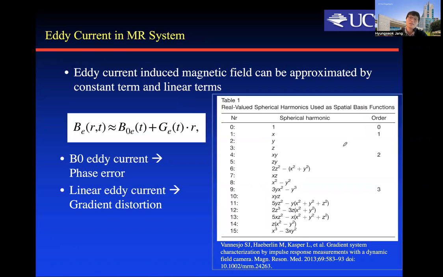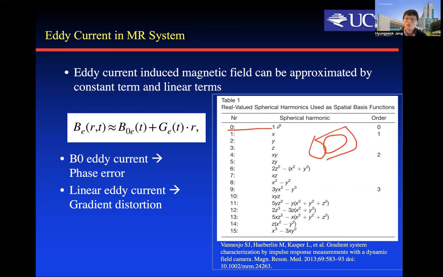Okay, in terms of space, if you have the MRI scanner like this, then eddy current can be generated in the imaging subject, and also in the space, right? In free space, the magnetic field can be affected by this eddy current. So that can be modeled by spatial harmonics.